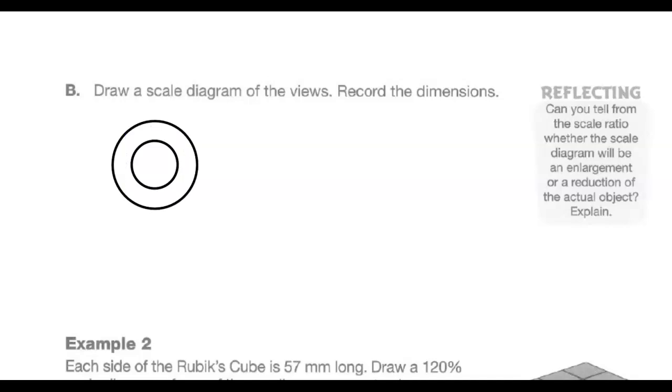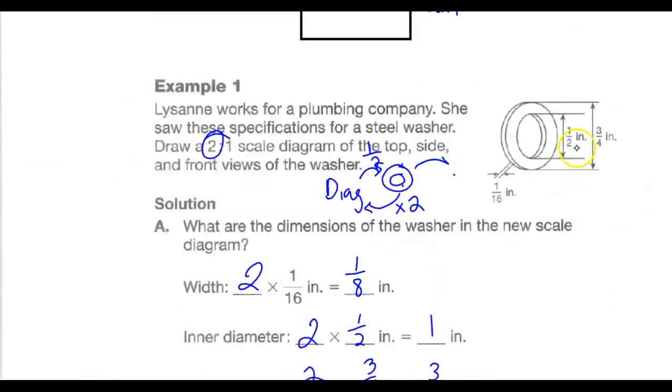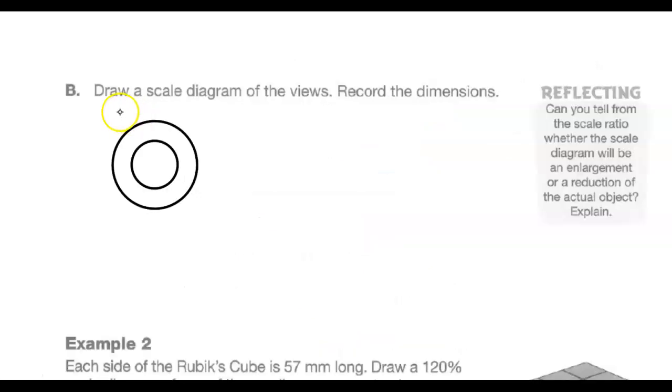dimensions, so when we did our calculations, the diameter 3/4 in real life ended up being 1.5 inches, 3/2. So this distance here is going to be 3/2 inches. So that's what you want to measure with a ruler. And then from here to the bottom would be 3/2 inches.